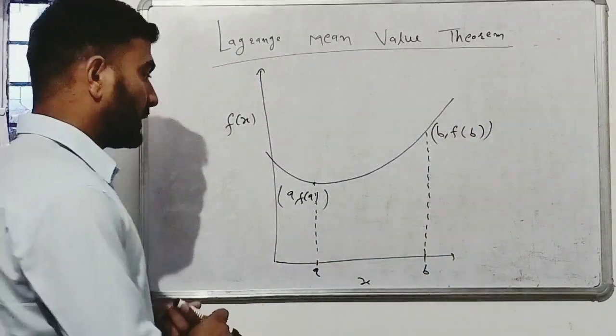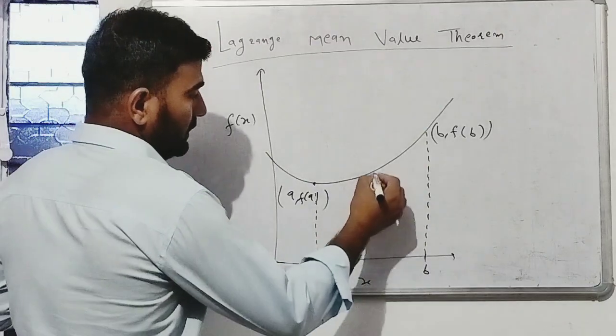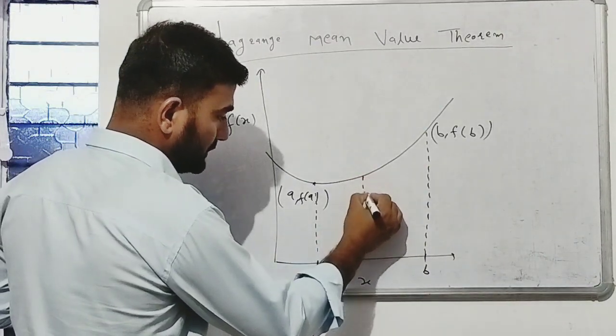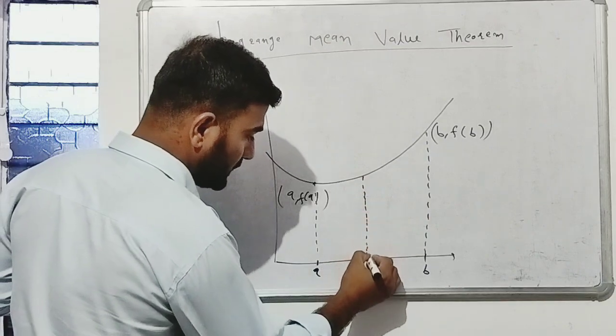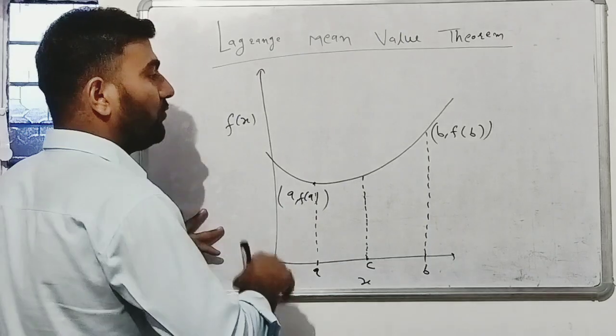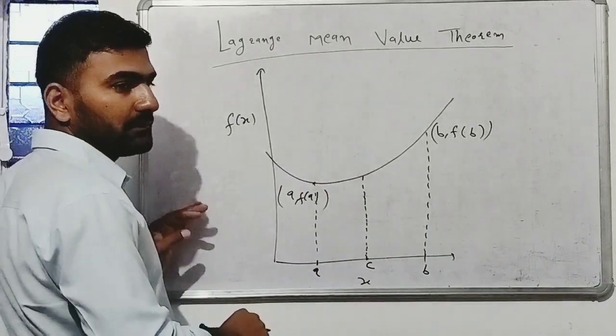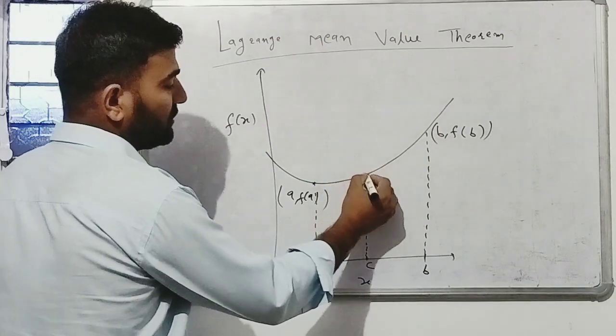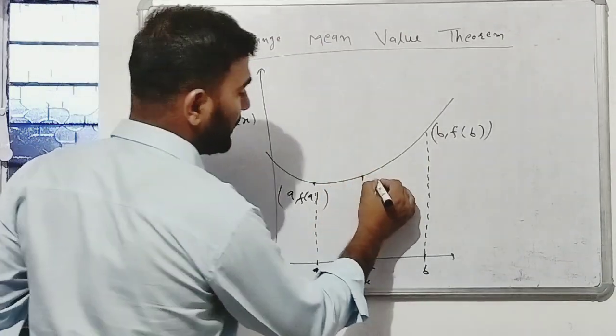So the theorem is saying that there exists a point c in the open interval a to b, where f dash c means the slope of the tangent drawn at the point (c, f(c)).